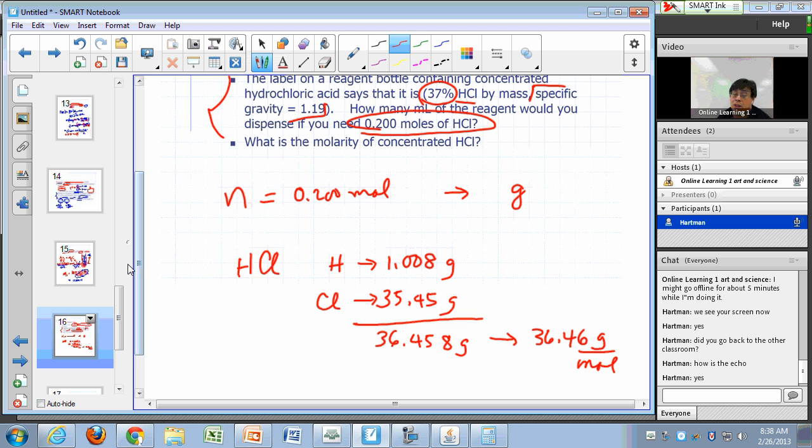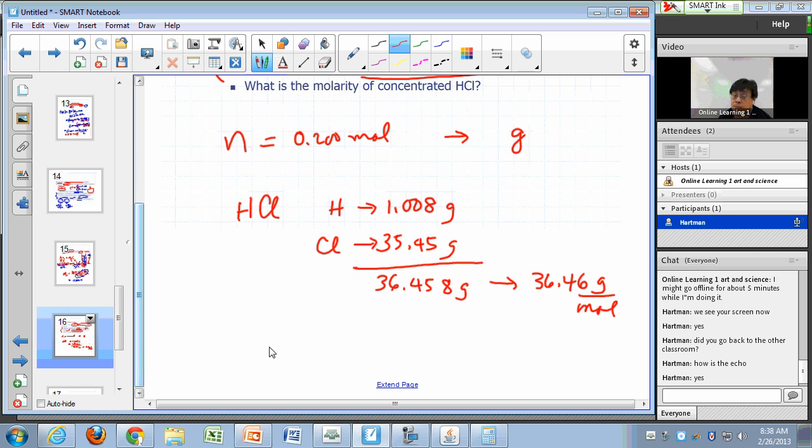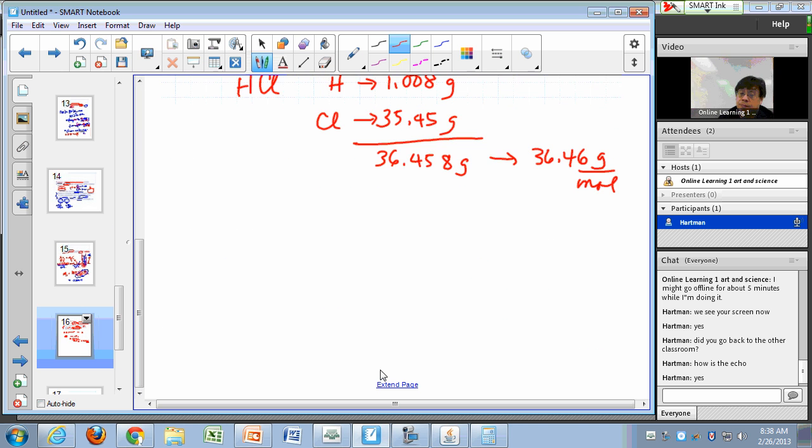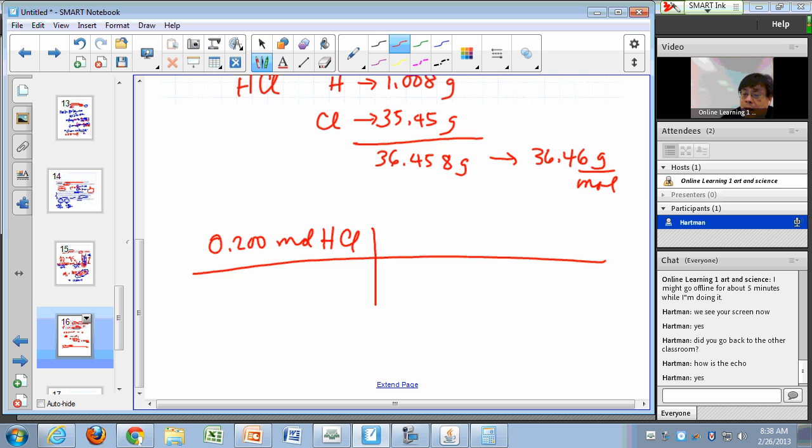So how do I change 0.2 moles to grams? I say 0.200 moles of HCl, change that to grams. So it's 36.46 grams per 1 mole of HCl.